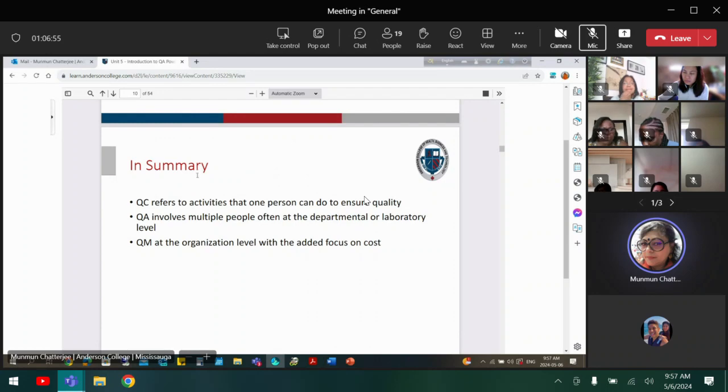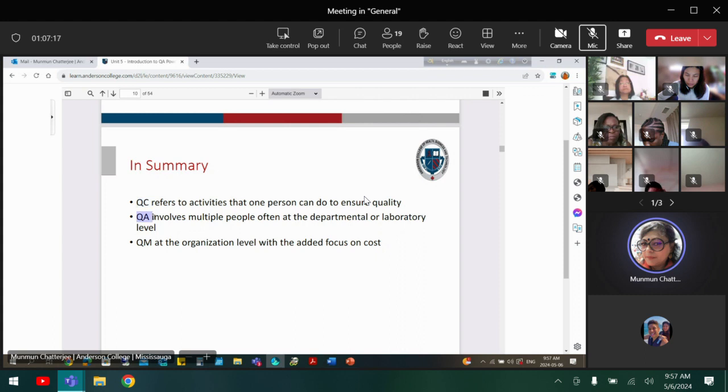So in summary, QC refers to the activities that one person can do to ensure the quality. And quality assurance involves multiple people, often at the department or laboratory level. So for quality control, you are doing the glucose, and you are responsible for this one.